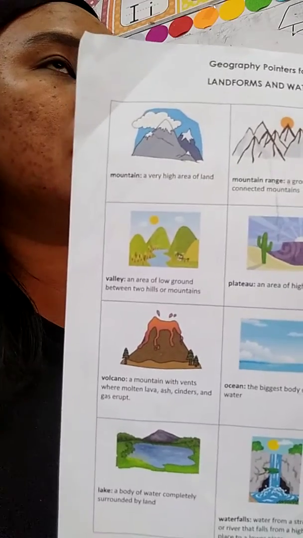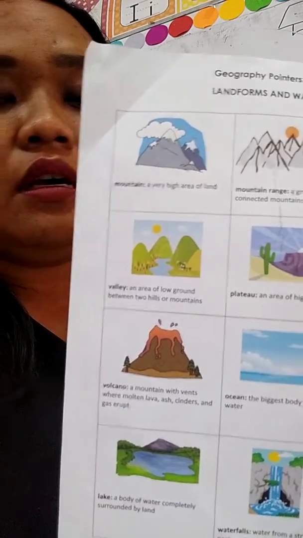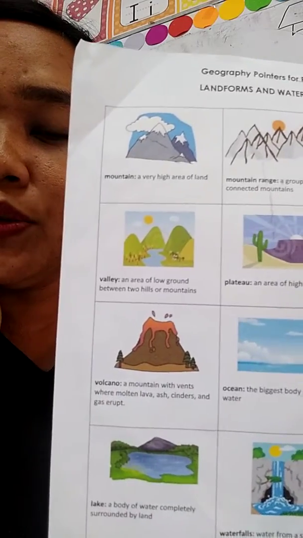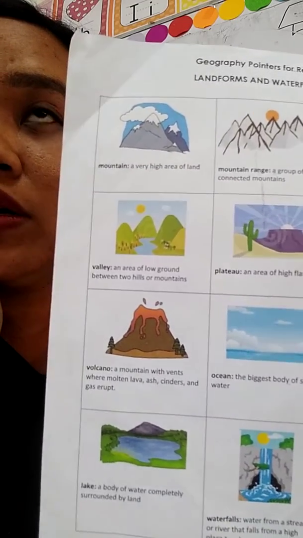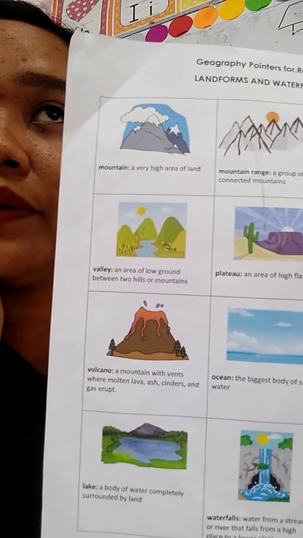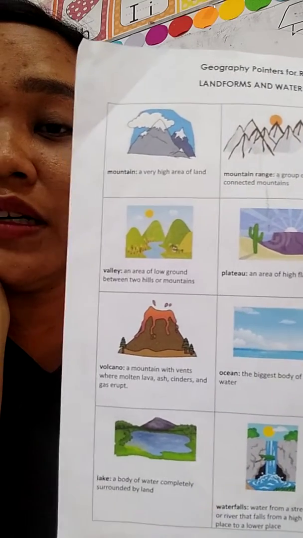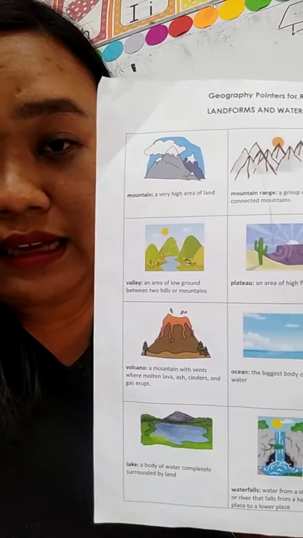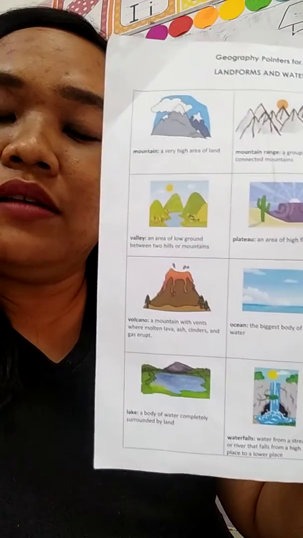We're also gonna try to learn how to draw these items very simply, because part of your exam is gonna ask you to draw your own representation. So you do not have to follow exactly what Teacher Meg will draw, but you can draw your own. However, it needs to be similar to, I need to be able to identify that it is exactly a mountain or whatever it is that I ask you. Okay, so let's start.